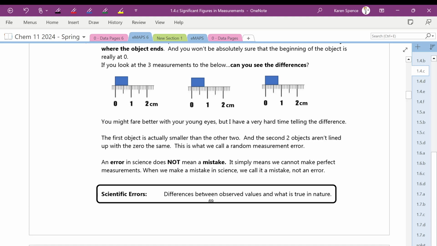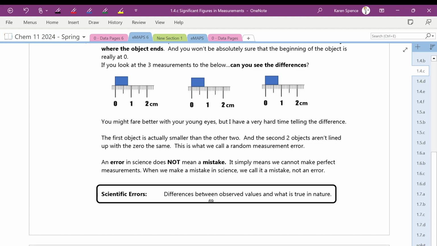Now, I should actually mention this because if you go to study science at university, you should know that the term error in science does not mean mistake. Error, mistake, not the same thing.